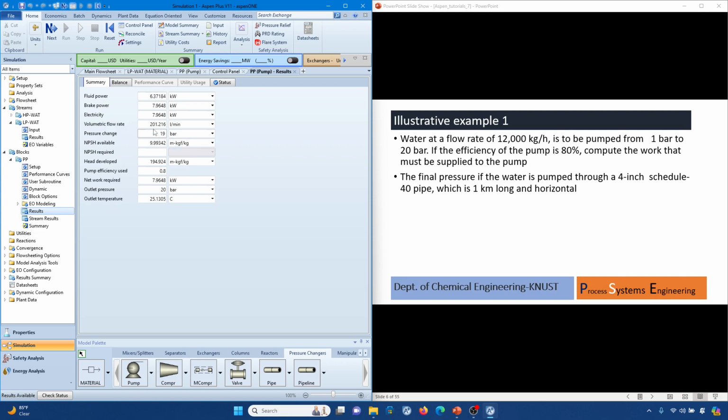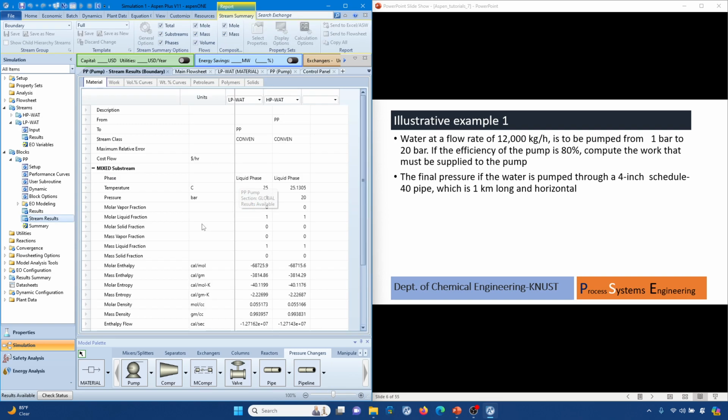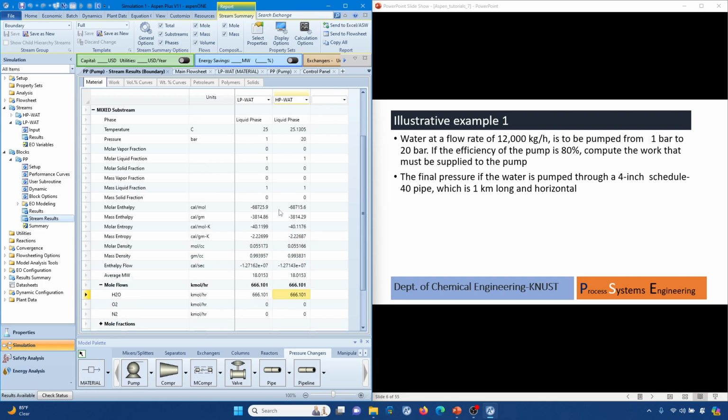We also see the outlet pressure. We can also look at our streams and see that we just have water, but the pressure moves from 1 bar to 20 bar.